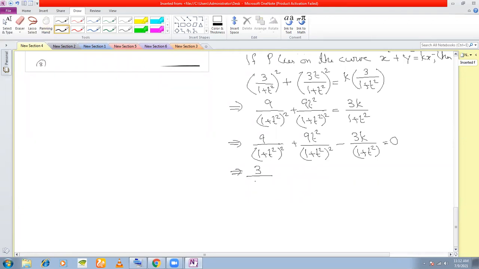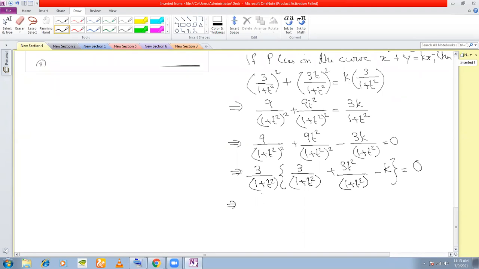Now from here, what can you take common? You can take 3 by 1 plus t square common. If you take 3 by 1 plus t square common, how much do you get? 3 by 1 plus t square plus 3t square by 1 plus t square minus k is equal to 0.